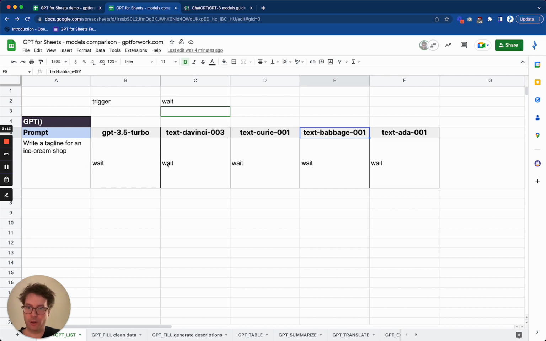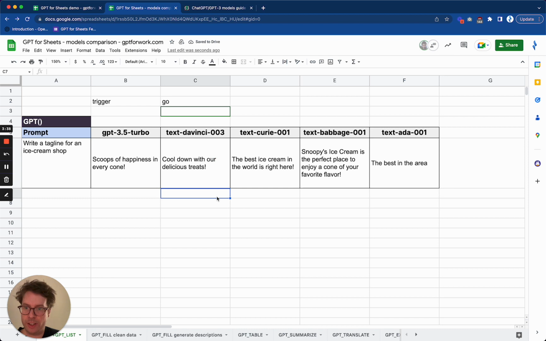What I have prepared in my spreadsheet is such that as soon as this trigger cell here is changed from wait to something else, all of the functions will trigger simultaneously. Okay, let's go. So here the first prompt is: write a tagline for an ice cream shop. I will type go, and everything triggers.